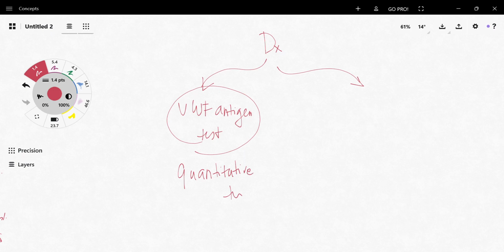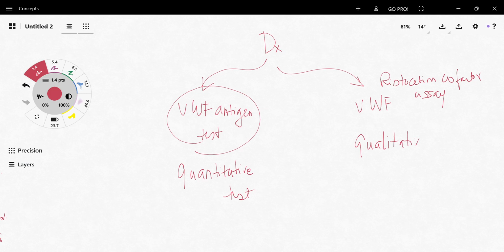And the second one will be the von Willebrand factor ristocetin cofactor assay, which is a qualitative test.